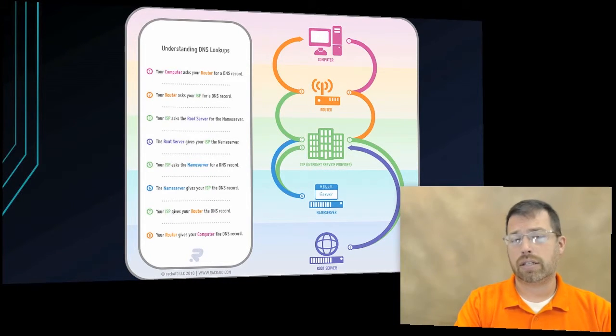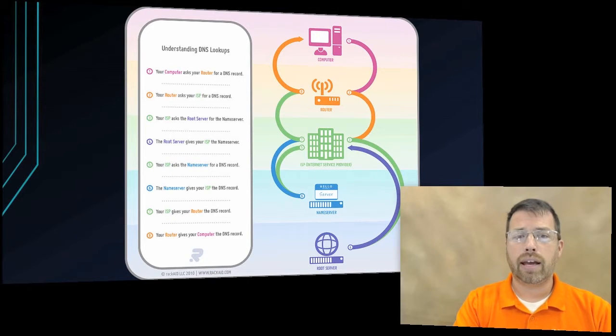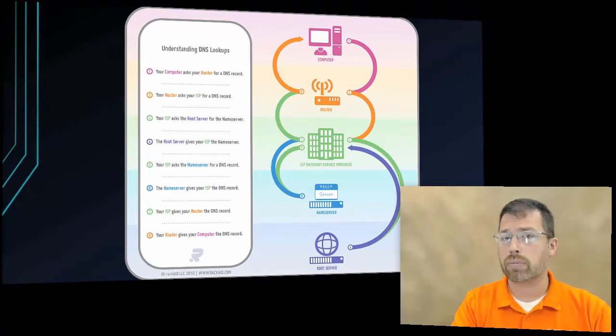We type in google.com on our computer, and it goes through DNS to look and see, hey, what is this google.com address? And it actually goes out and finds the IP address for us. So it's going to go from our computer to our DNS client that we have locally. Hey, do you know who this is? Yes, I do. Here's the actual IP address, and return it to our computer.